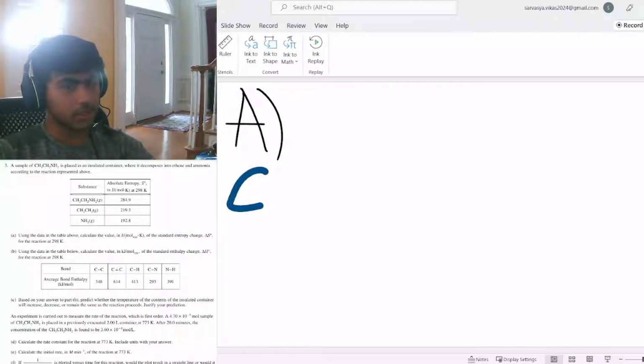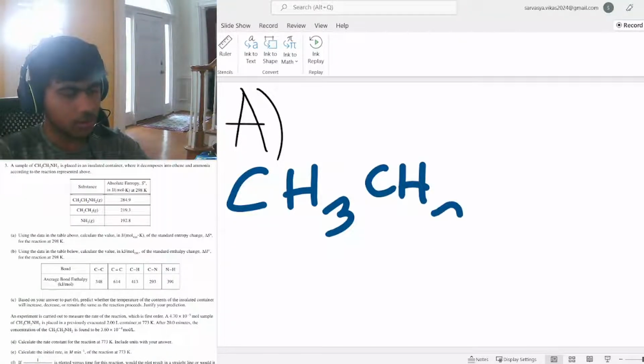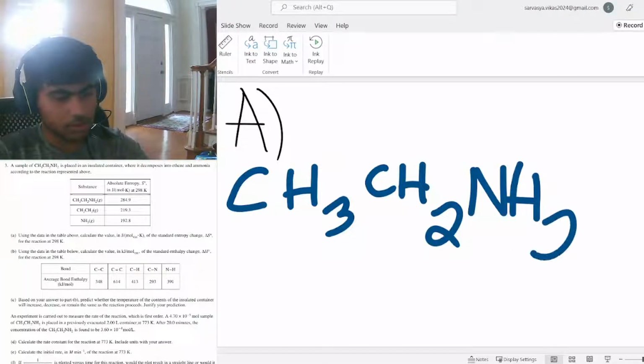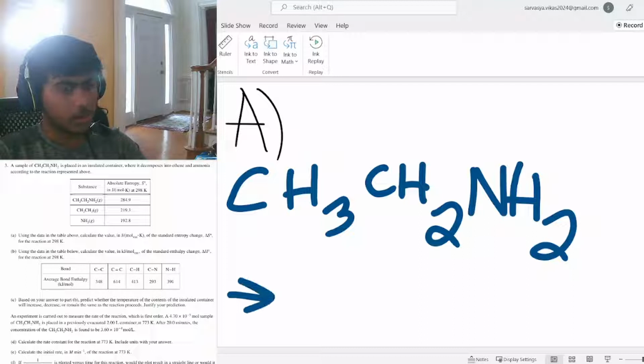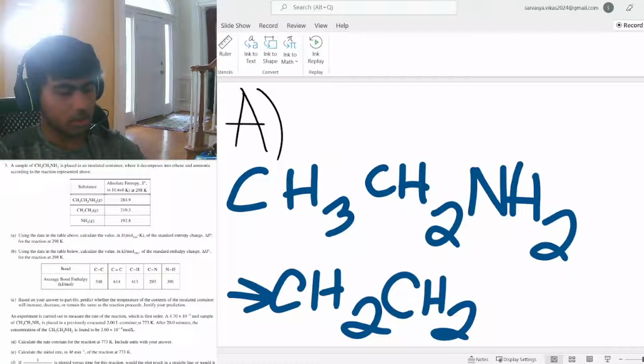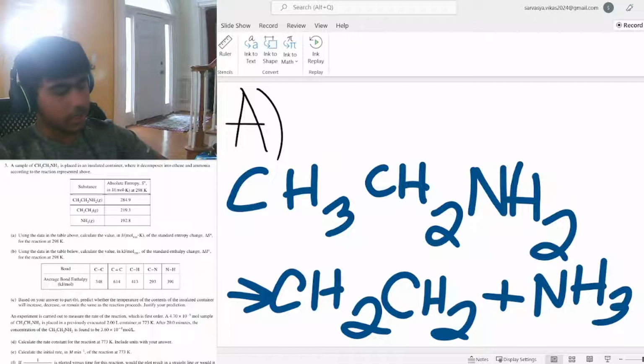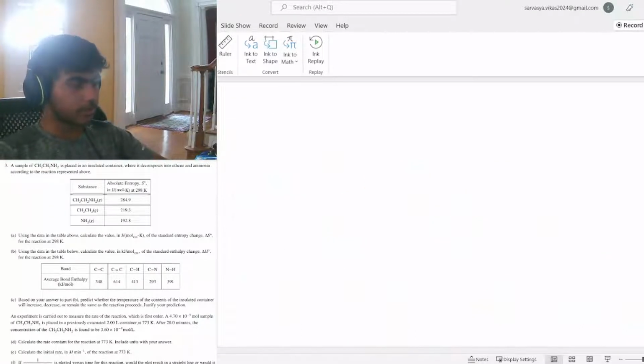It's just CH3CH2NH2, that decomposes to CH2CH2 and NH3. So that's our reaction. Now, how do we get the standard entropy change from that?